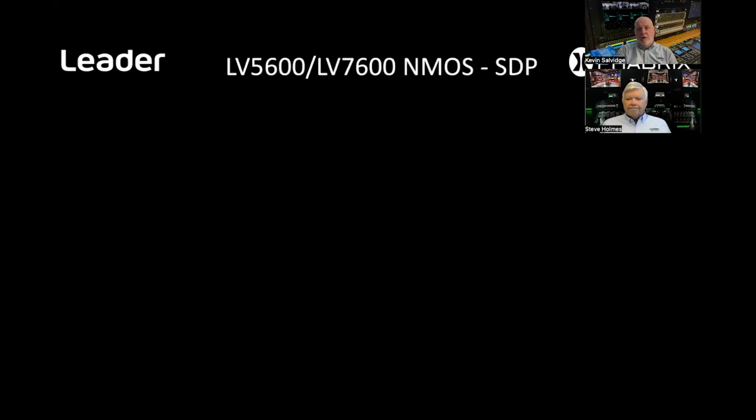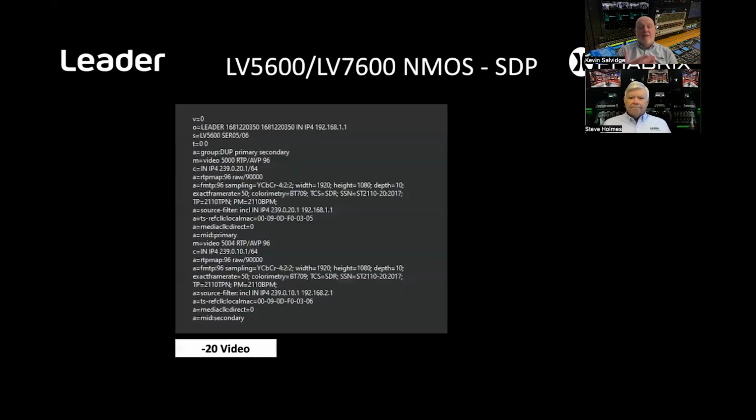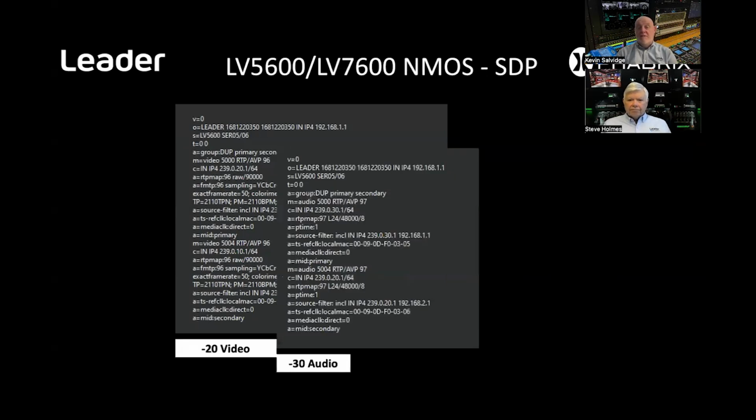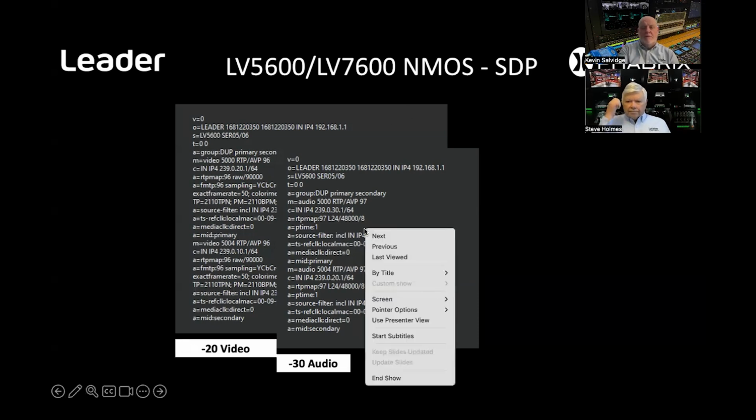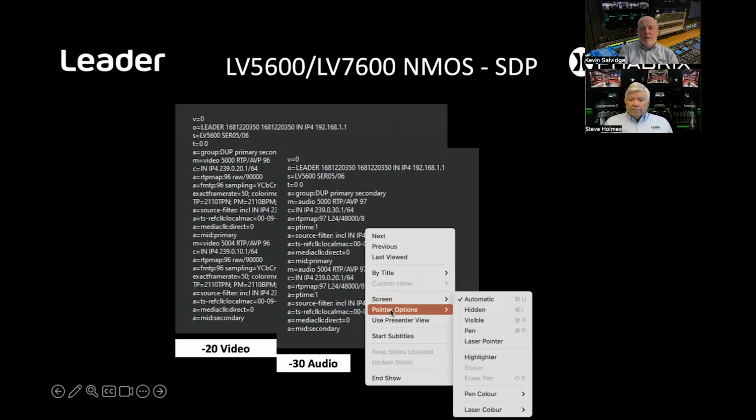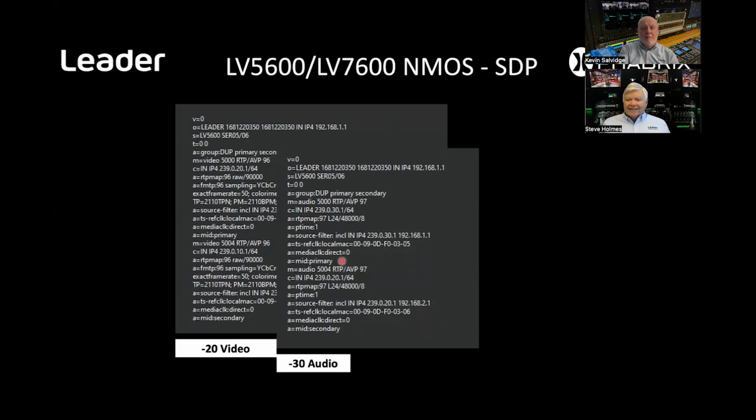So you've seen here that this is a -20. So this is the video. The same exists for the audio. So this can be a -30 or a -31. And one of the other ways to tell in here is you're going to see the payload ID. And as you can see here, if I just bring this up and bring up the pointer, there we go.